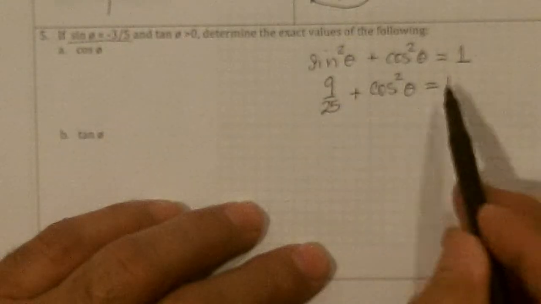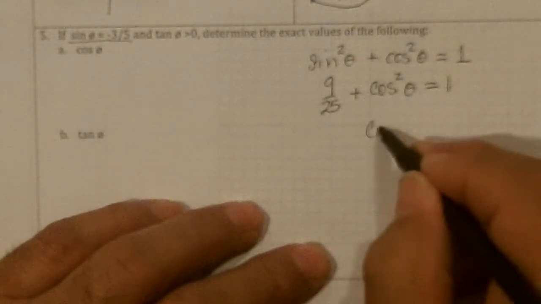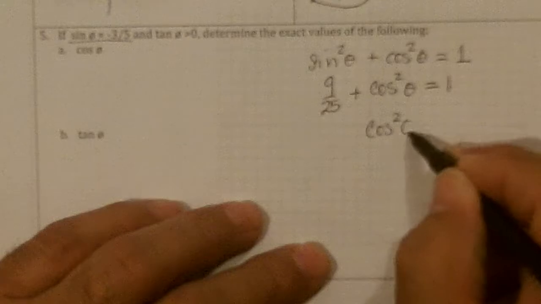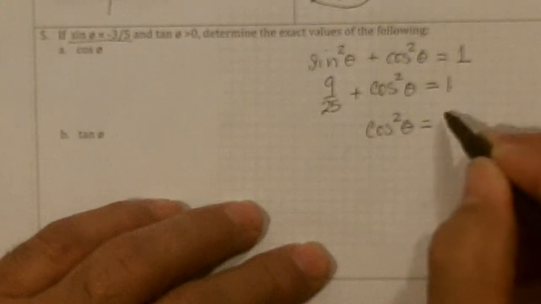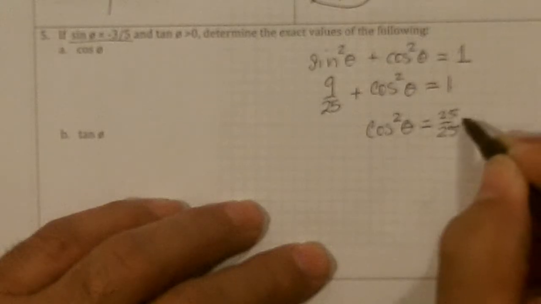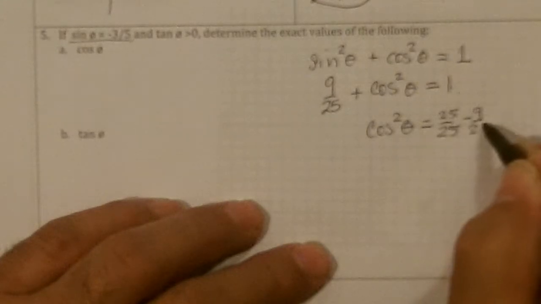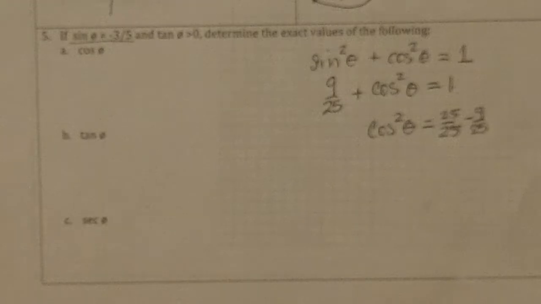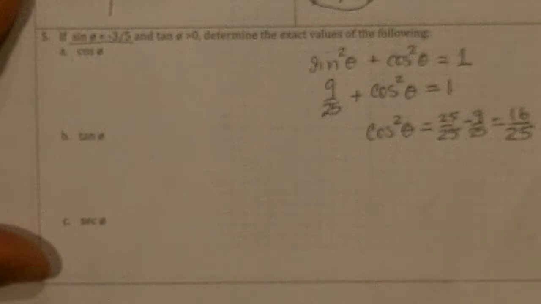Anyway, plus cosine squared of the angle has to be 1. So we subtract 9/25 from both sides and we get cosine squared of the angle is, well, 1 is 25/25 minus 9/25. Some people have trouble subtracting 9 from 25, and they get things like 14 instead of 16/25.